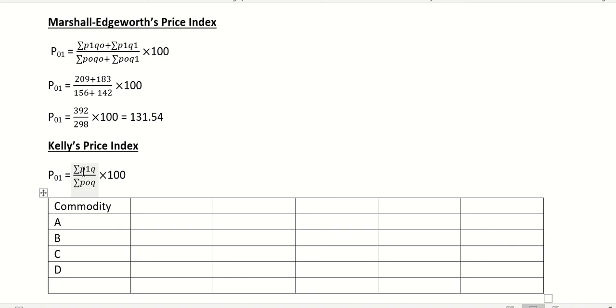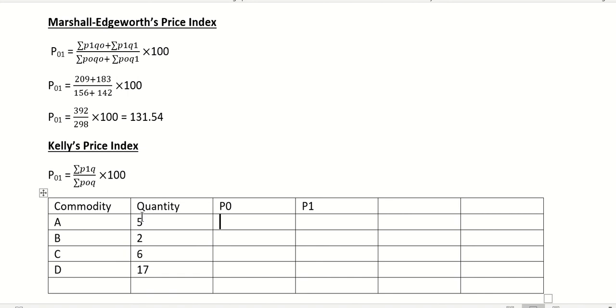So then we have quantity. Then we have prices P0 and P1. P0 is base year's price and P1 is current year's price, right? So quantity is 5, 2, 6 and 17, right?